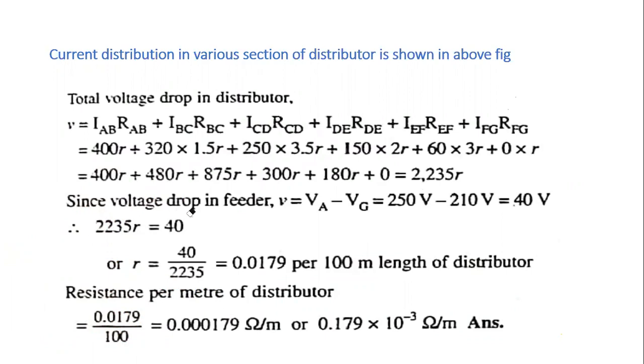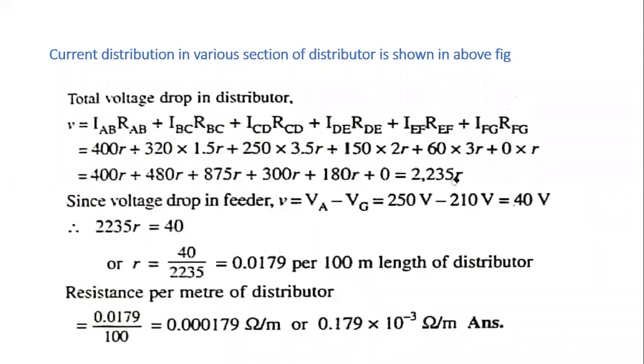Next, we calculate the voltage drop in the feeder. V is equal to VA minus VG. At A point, we are giving 250 volts. At G point, we are giving 210 volts. Then subtract these voltages, and we obtain 40 volts.